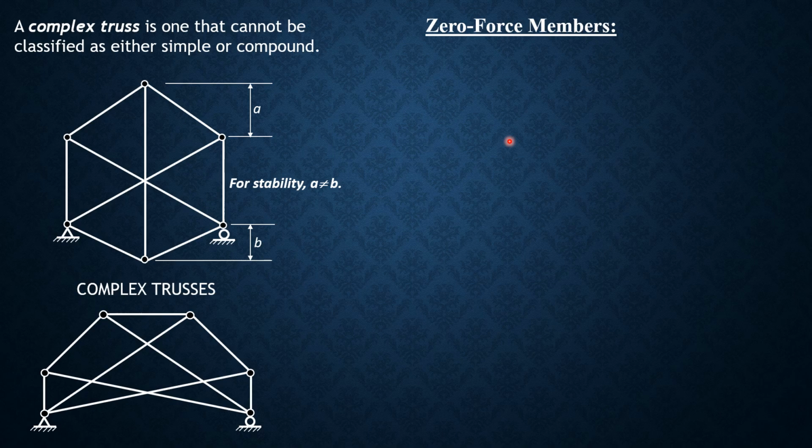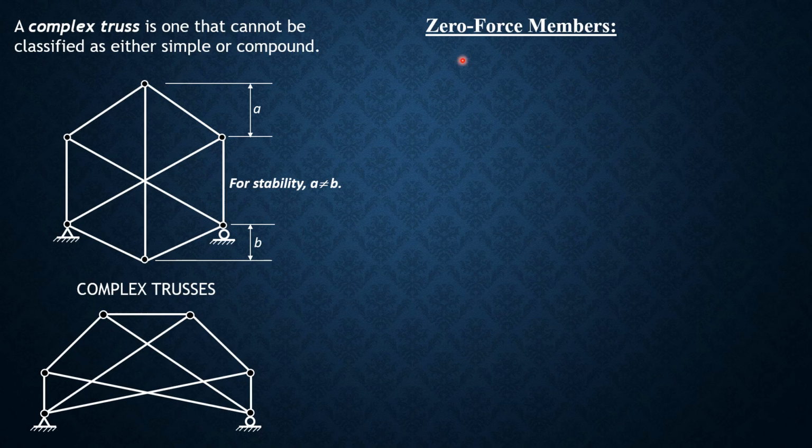Then to facilitate the analysis of trusses, there's a need to identify zero force members. These members do not carry any force, but we cannot omit them or remove them from the truss system because they help in the geometric stability of trusses.